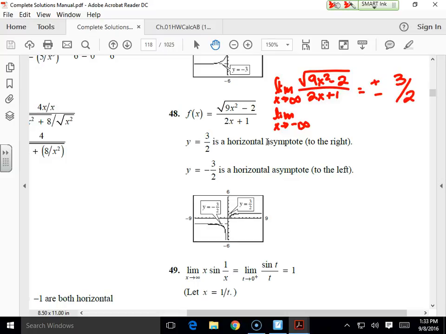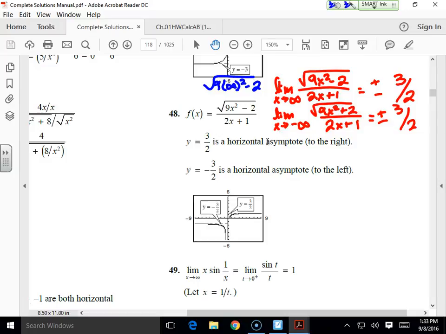It's not both. Then coming down here, as I go to negative infinity, it's also a tie. So I can take the square root of 9, which is 3, over 2, but I have to ask the question positive or negative. Now, visualize for the top one. Plugging in 9 times positive infinity squared minus 2.